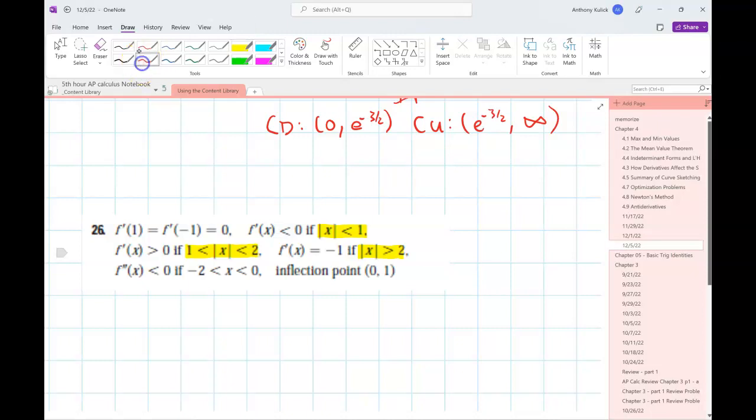So the absolute value of x is less than 1, means that x needs to be between negative 1 and positive 1, right? If I do negative 0.9, that would be okay. If I do positive 0.9, that would be okay. If I do something smaller than negative 1 or bigger than positive 1, it would not be okay.